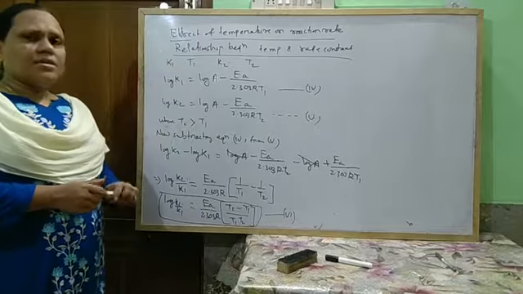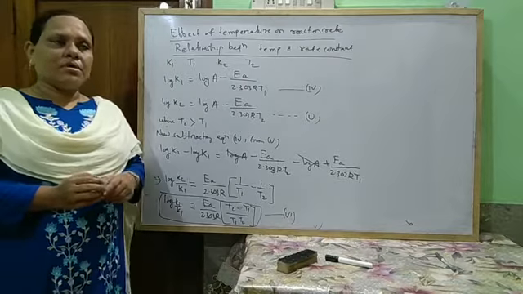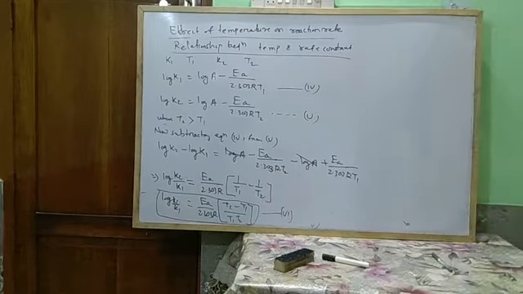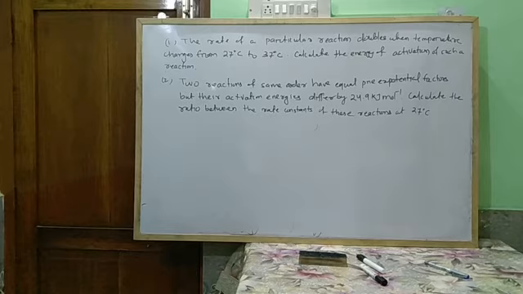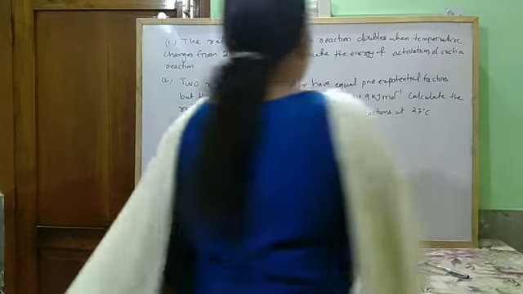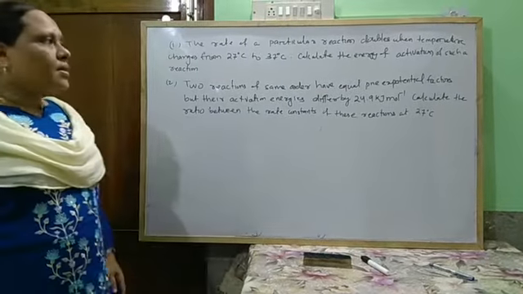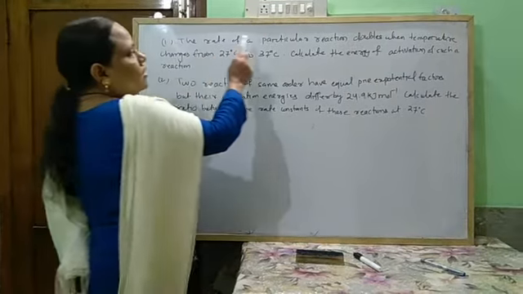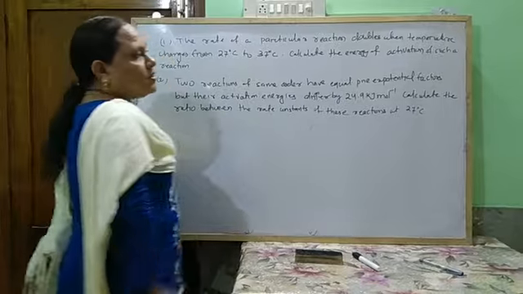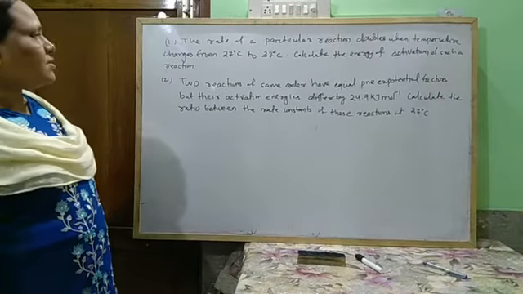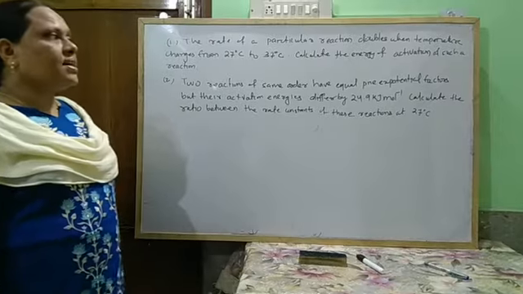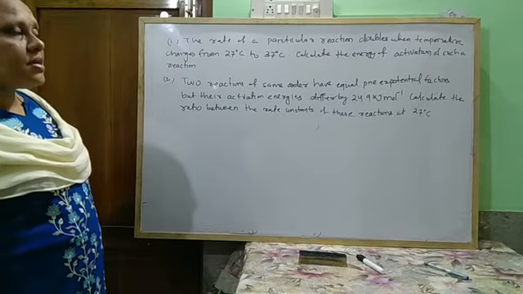now let us discuss some numerical problems based on this. Now let us solve some problem. The rate of a particular reaction doubles when the temperature changes from 27 degrees Celsius to 37 degrees Celsius.